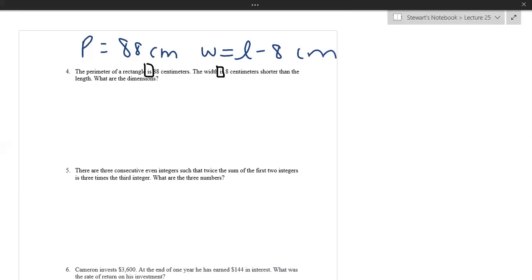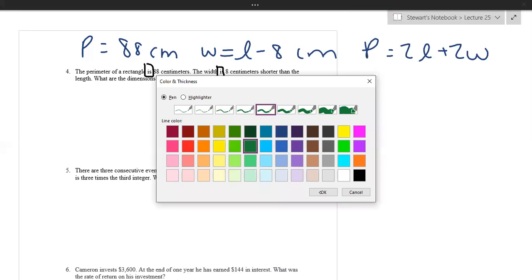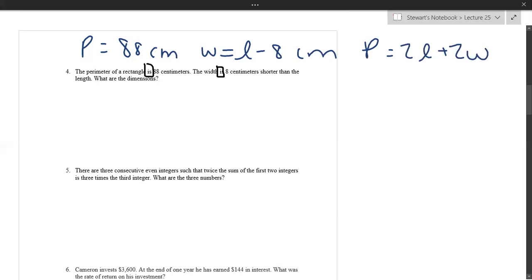Okay, and we also know that the perimeter of a rectangle is 2 times the length plus 2 times the width. We want to know what the dimensions are, so let's plug in what we have. We'll just call the length L. We don't know what it is, but we know the perimeter is 88.